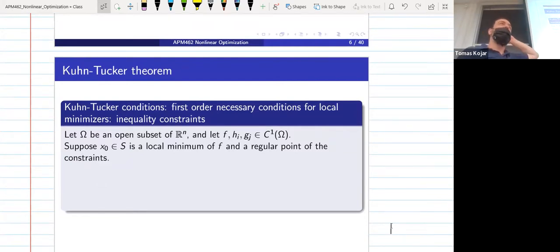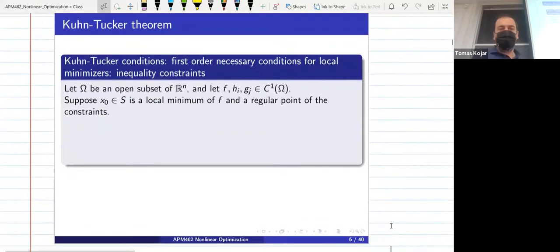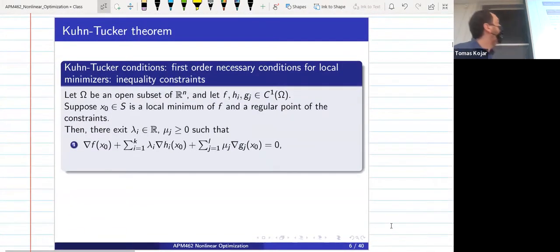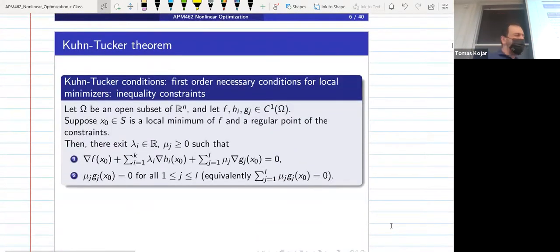Last time we did Lagrange multipliers for equality constraints, now we give you the theorems for inequality constraints. So here's the theorem. You can find parameters lambda and mu j so that you have the first order condition over here, all 0.